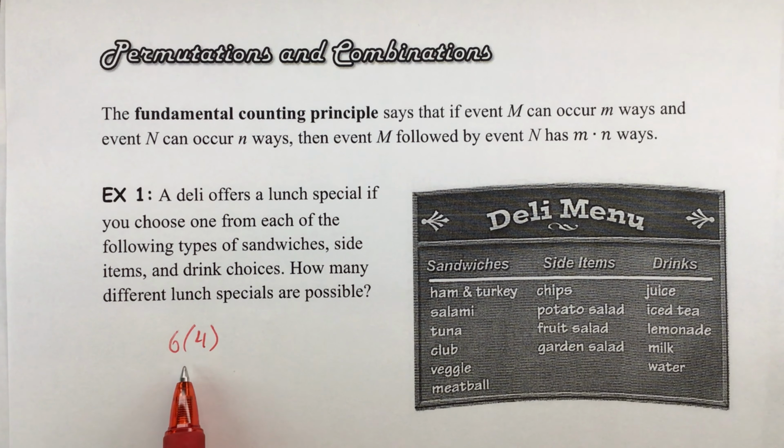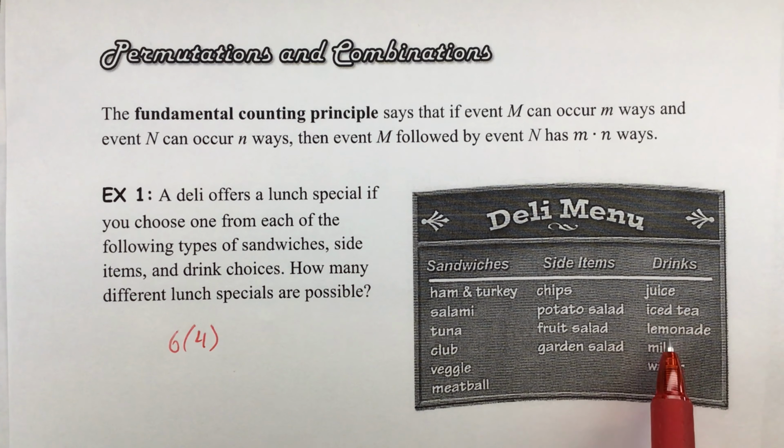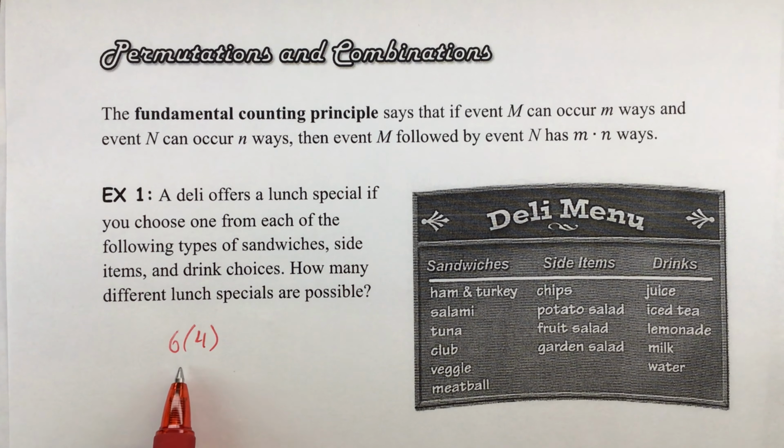Okay, so if we think that we have 24 different combinations that we can create with sandwiches and side items, then each of those combinations can be followed up with a different choice of a drink, which we have 5 choices of. So overall, we're going to have 24 times 5 choices. In other words, we've got 3 possible events.